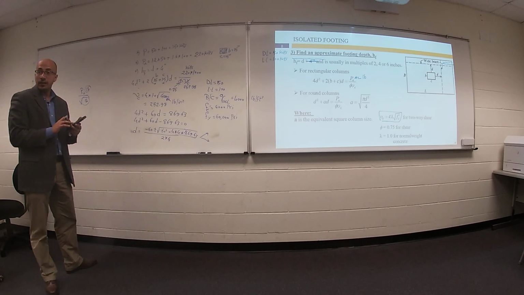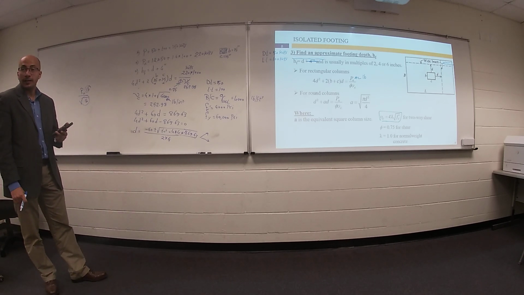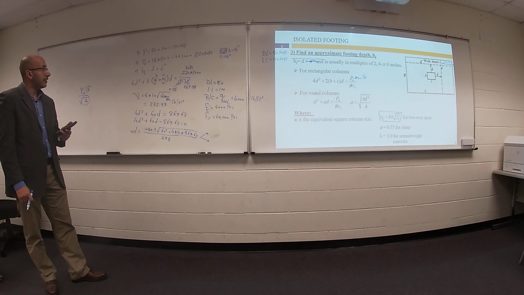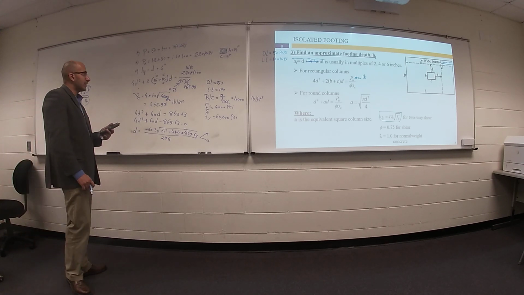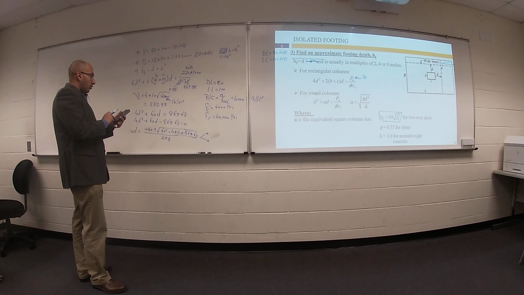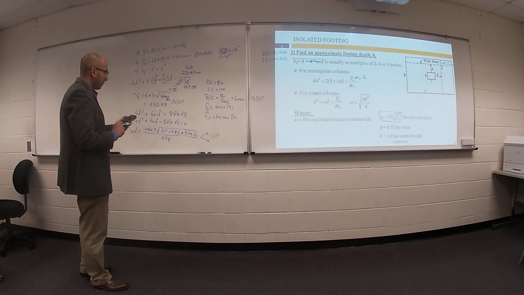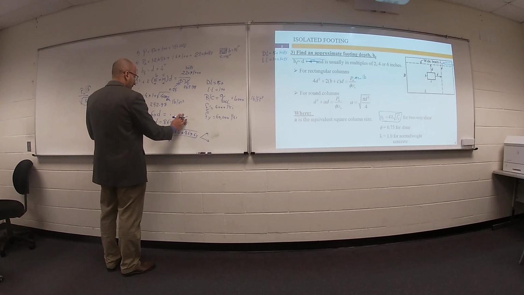No, I think you forgot to multiply by 0.75. Really? Yeah. All right. 220 times 1000 divided by 0.75 times 252. Yeah. 1159.8.